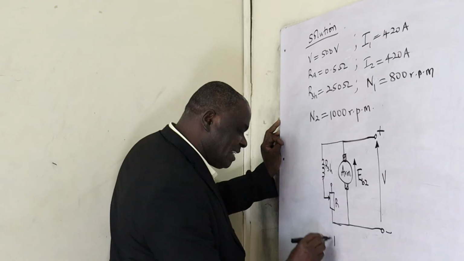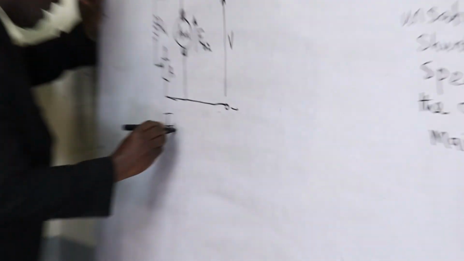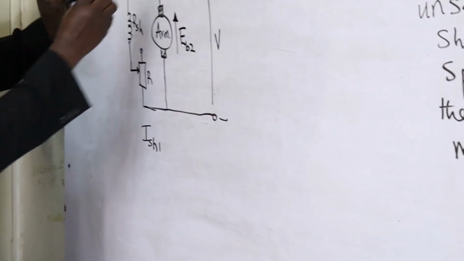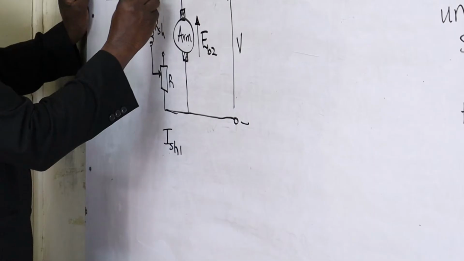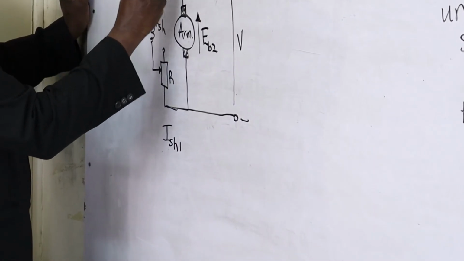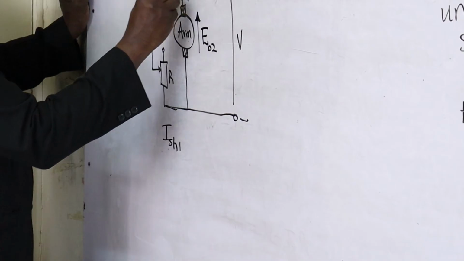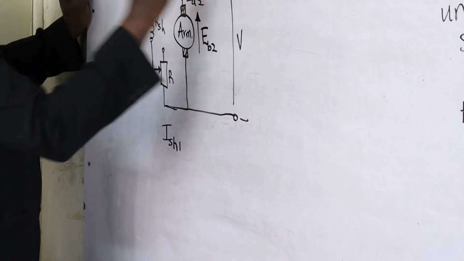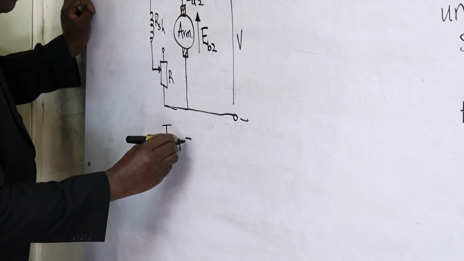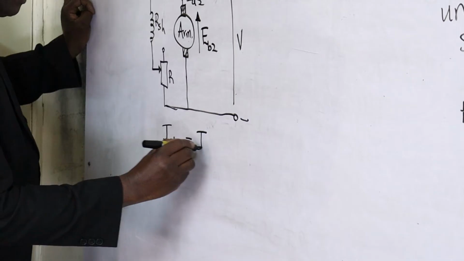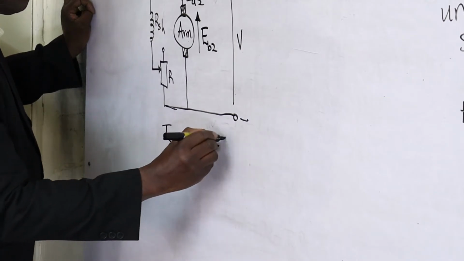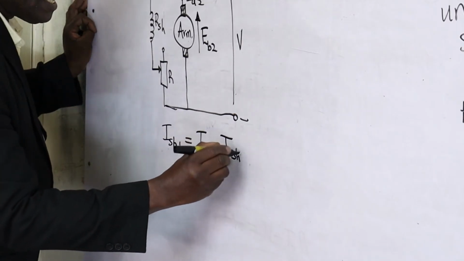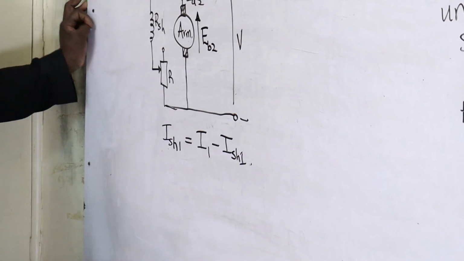So our I shunt 1 will be proportional to phi 1. From this circuitry, this is now I shunt 2, this is now IA2, this is now I2. So IA1 will be equal to I1 minus I shunt 1.